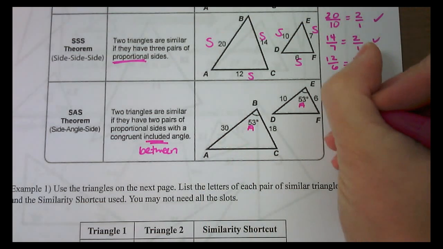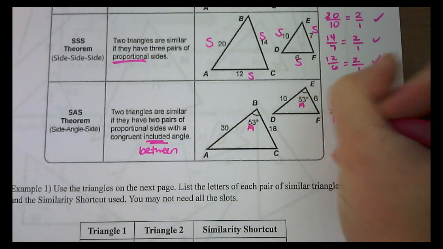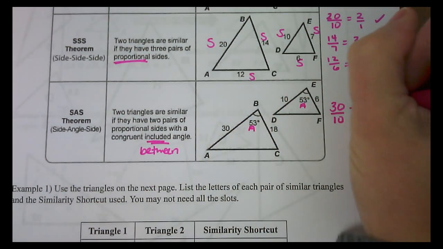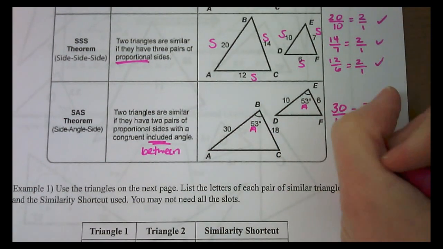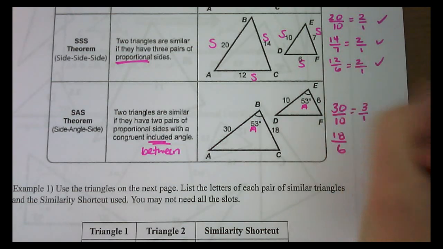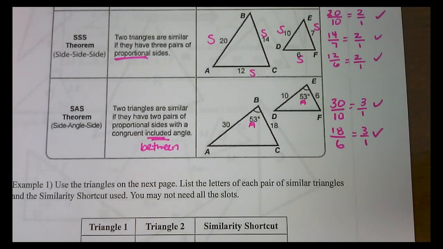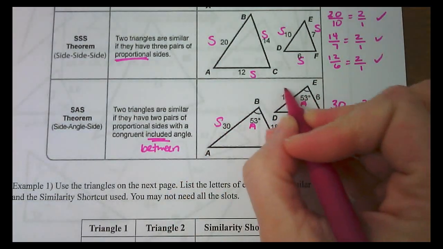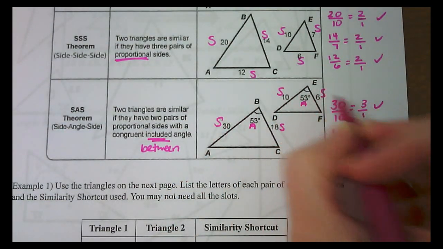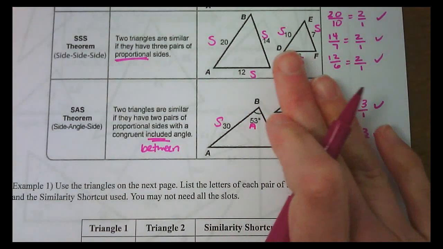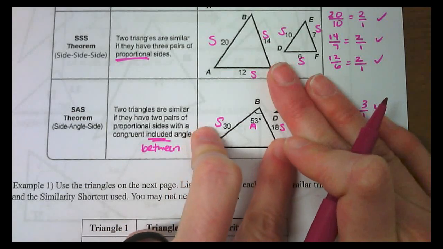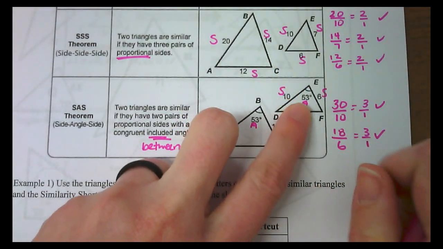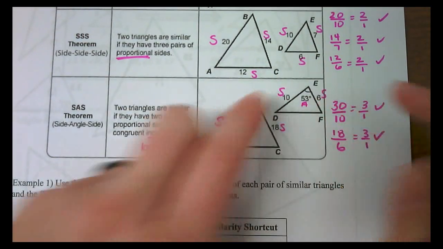The longer side here to the longer side here gives me 3/1. And the shorter side here to the shorter side there would give me 3/1. They're the same ratio. So this side matched to this side matched to this side. When I look at one triangle at a time, I can see the angle is between the 2 sides, and same thing here. The angle is between the 2 sides.